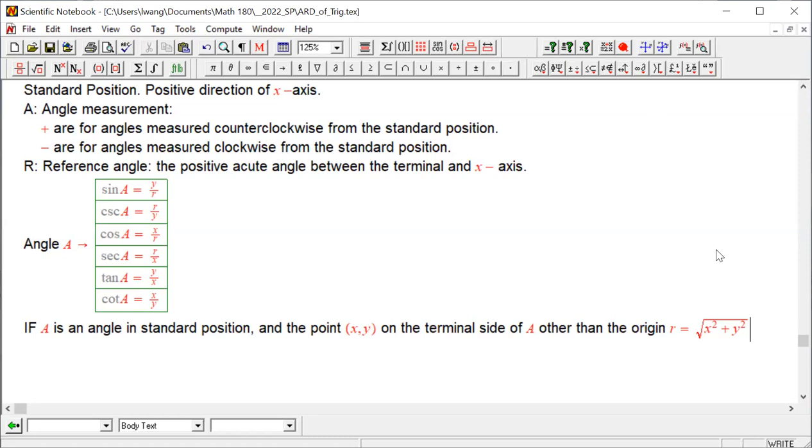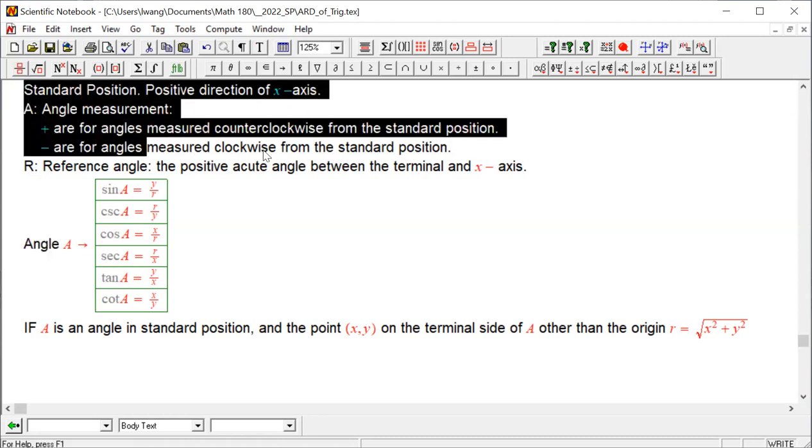So this piece is the centerpiece of trigonometry. It includes standard position, angle measurement, reference angle, angle A as input.